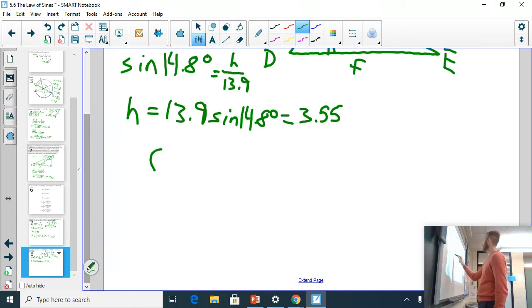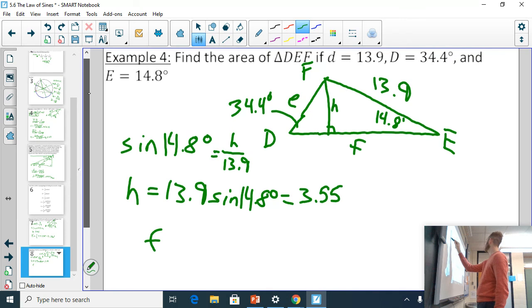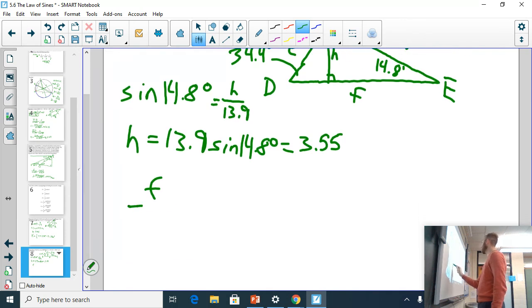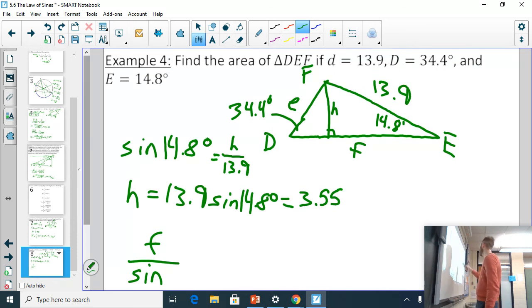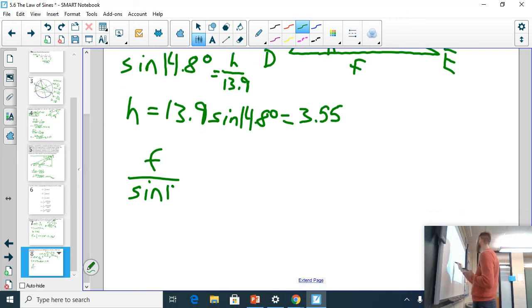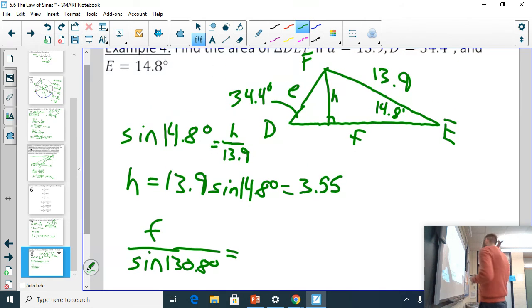And so I'm going to do F. I'm going to use my law of sines here. We can get that angle, right? The angle of F is just going to be 180 minus 34.4 minus 14.8, which is 130.8 degrees. And then let's just use two more sides we know. And then it's given 13.9 to us, so that's a nice one to use.